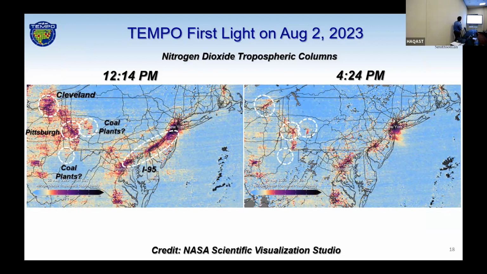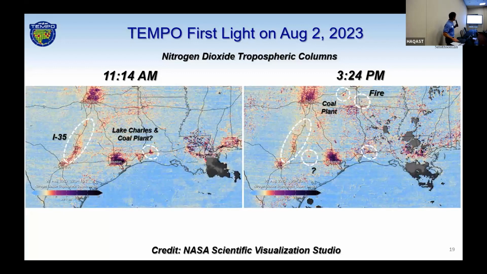So I'm picking out features here. We have coal plants that we're seeing some NO2 emissions from. That I-95 corridor is being highlighted. You can see the major difference between that 12:14 p.m. time frame compared to 4:24 in the afternoon. So we're seeing a lot of variability diurnally with that NO2 pollution.